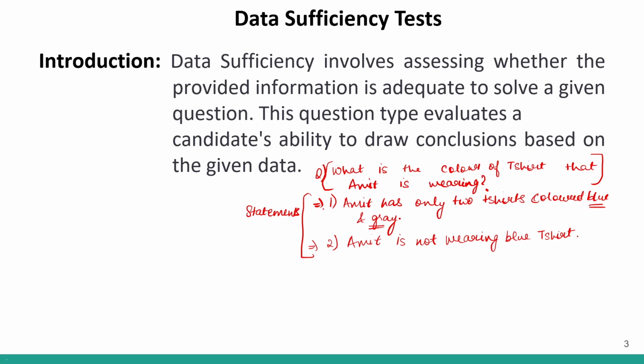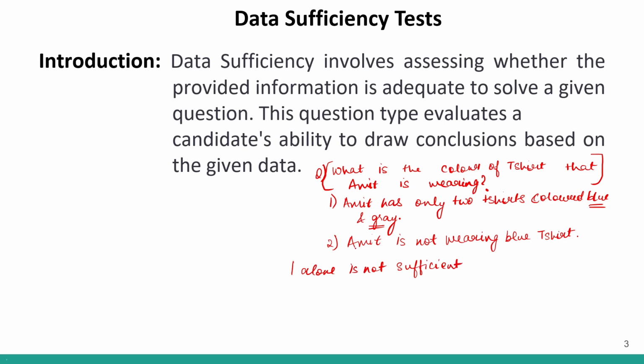If I look at statement 1 individually, it says that Amit has only two shirts, blue and grey. But does this data answer whether the color is blue or grey? No. So this data alone is insufficient. So 1 alone is not sufficient. By 1 alone, I cannot find the answer to the question.